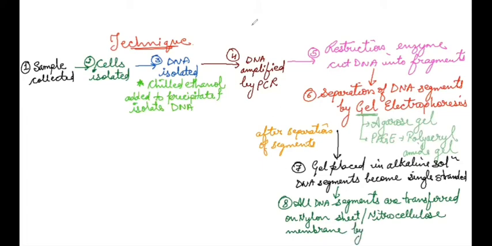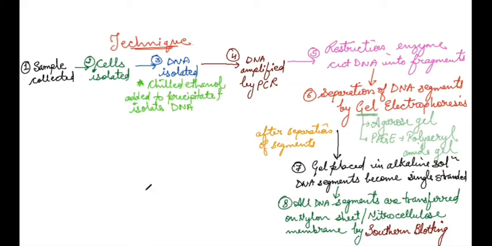So I'll highlight the name Southern blotting. Remember, Southern blotting is the technique used for DNA. You will see some other types of blotting also. That is Northern blotting, which is used for RNA, and Western blotting, which is used for proteins.